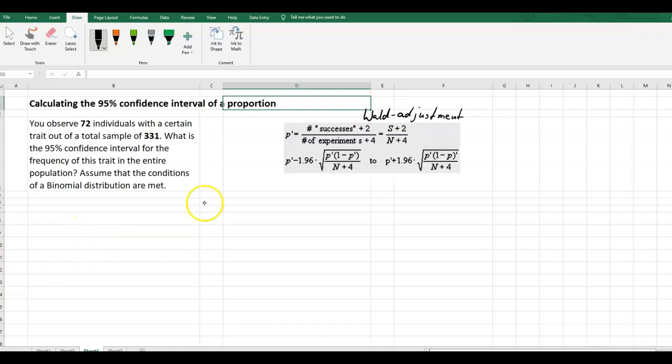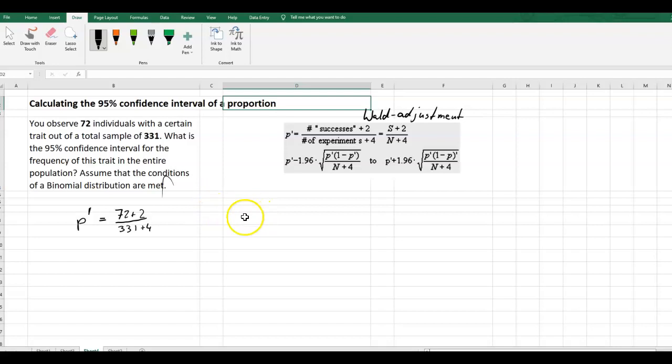So let's quickly calculate our proportion for, in this case, let's say success, or let's say green or blue butterflies. So we've got 72 plus 2 over 331 plus 4.